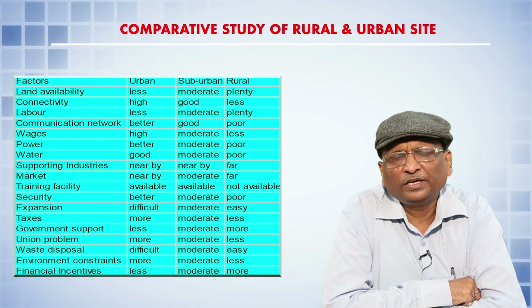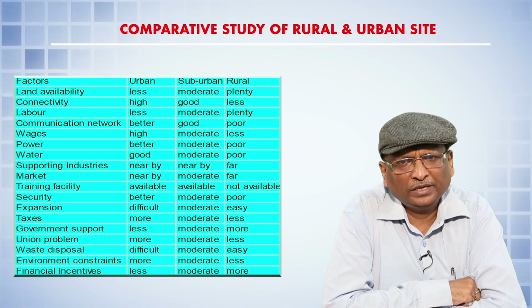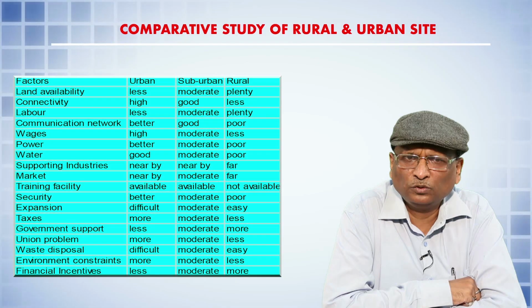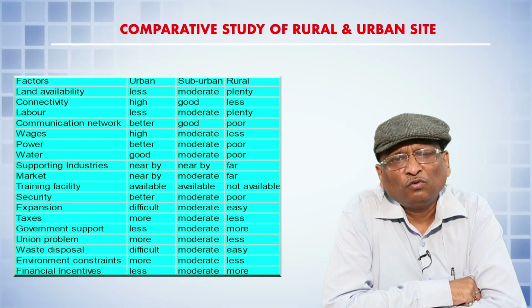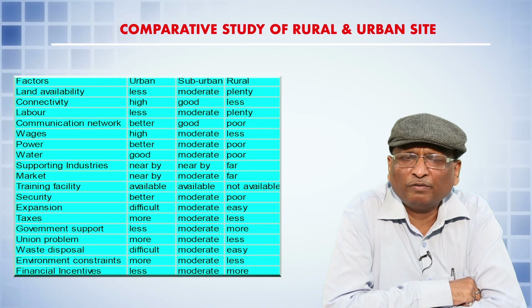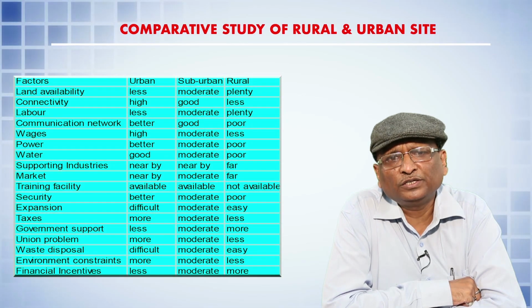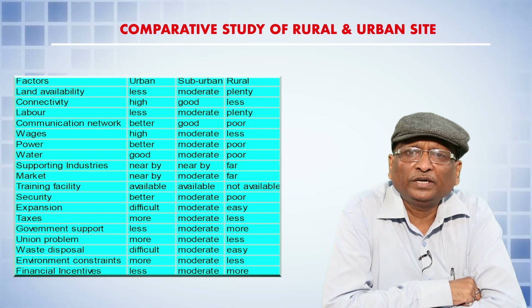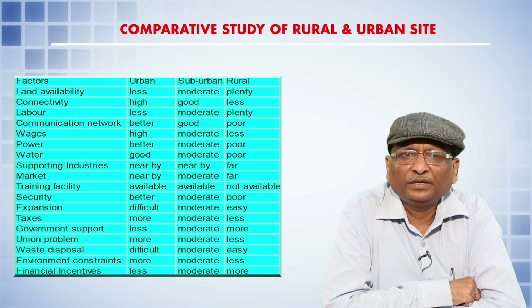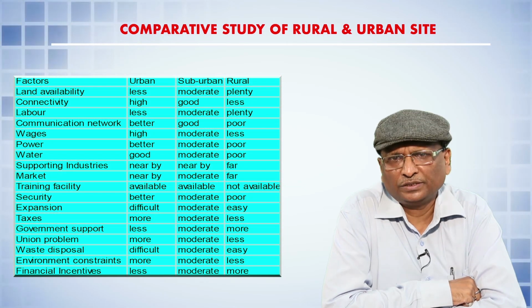You will see in case of urban it is high, in case of rural it is low. One has to see the condition of power availability and water availability. Another important point is the supporting industry.